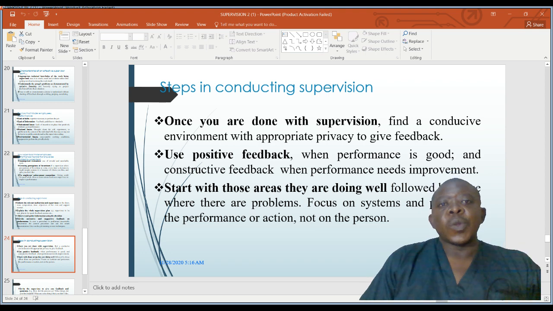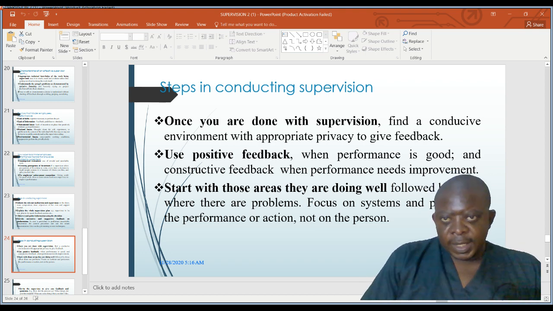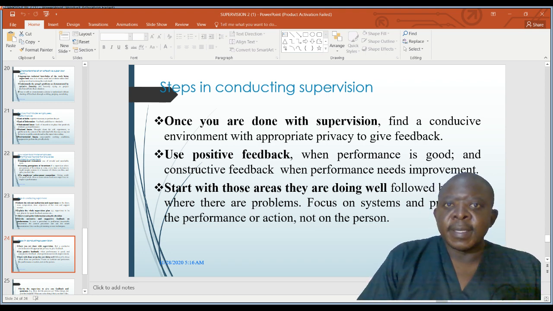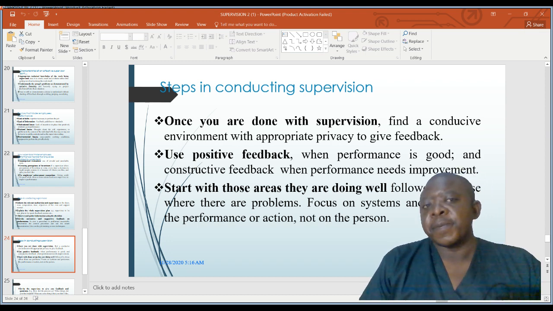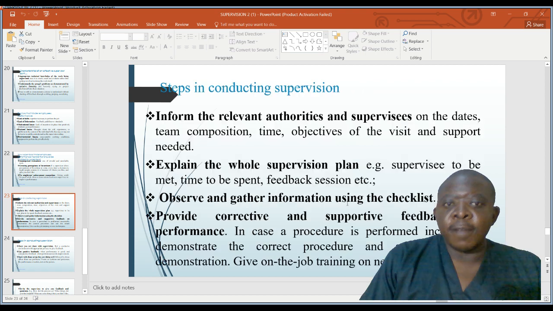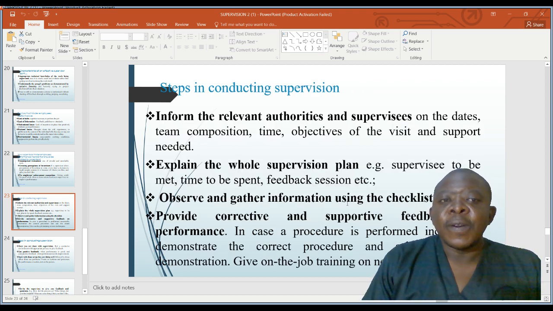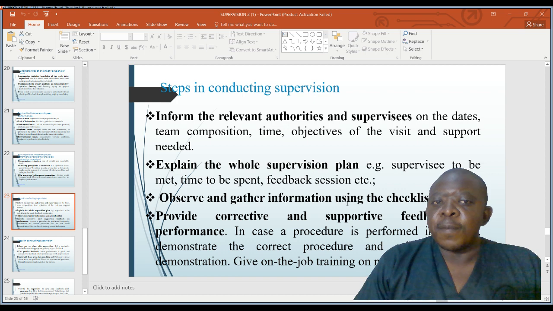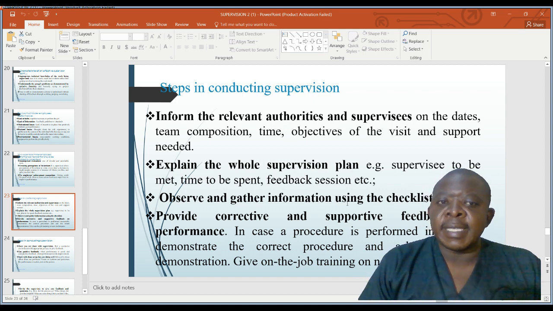Once you're done with the supervision, we have looked at steps in conducting supervision, where we have information, that is informing the relevant authorities and the supervisees.